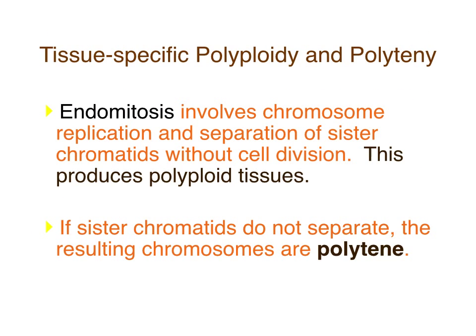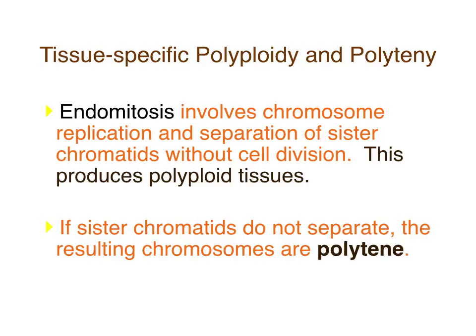Okay, so we also see tissue-specific polyploidy. A very special kind of tissue-specific polyploidy is what we call polyteny that we see in Drosophila, that we'll talk about here in a second. There's a process called endomitosis that involves chromosomal doubling, right?